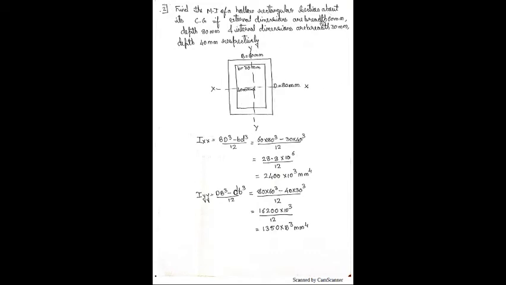External dimensions are B 60 mm and D 80 mm. I will take capital letters for the external dimensions and small letters for the internal, 30 mm and 40 mm. So let us find Ixx. From the whole rectangular section, I will deduct the inner one.